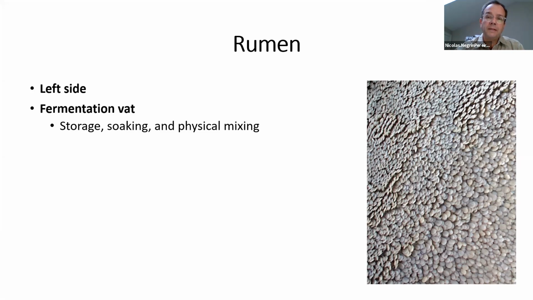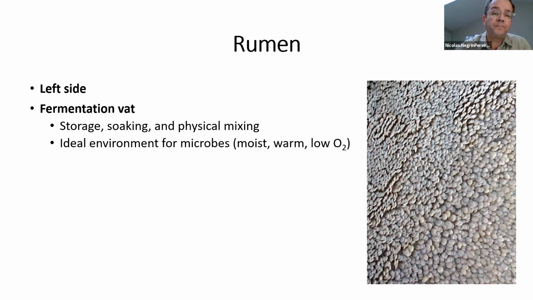where the plants are going to be soaked in the ruminal fluid. And of course, there is a physical mixing, which is mainly done by the contraction of the reticulum and of the rumen, which has a cyclic muscular contraction pattern that is important for digestion.